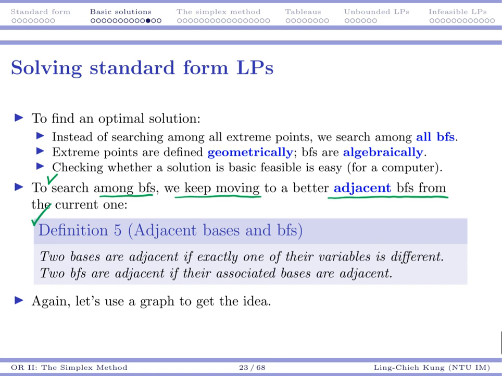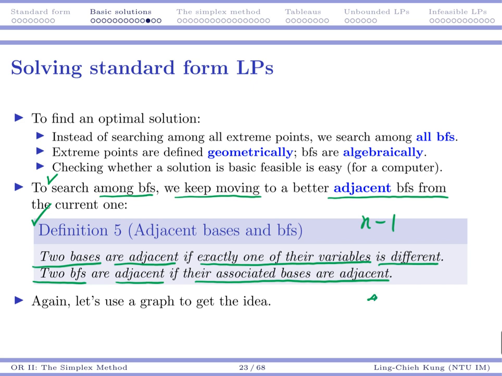So the definition is here. Two bases are adjacent if exactly one of their variables is different. So that means the n-1 variables are all the same. Two basic feasible solutions are adjacent if their associated bases are adjacent.